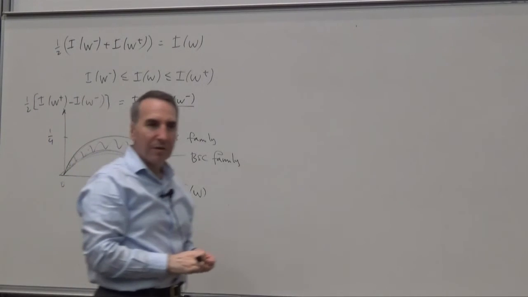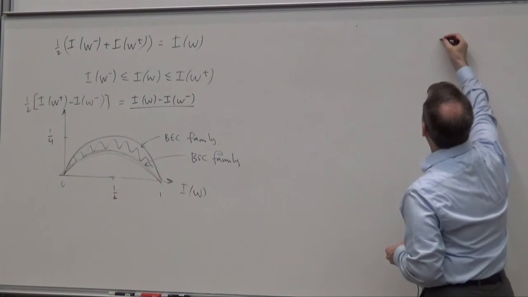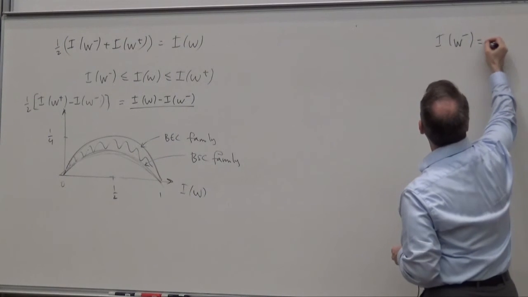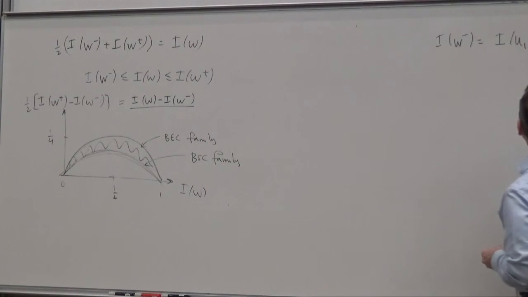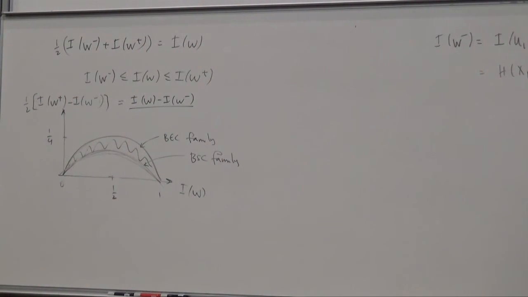Now let's take a look at the meaning of these quantities. The IW minus is the mutual information between U1 and Y1, Y2, and U1 is nothing but X1 plus X2. So this is equal to the entropy of X1 plus X2 minus the entropy of X1 plus X2 given Y1, Y2.